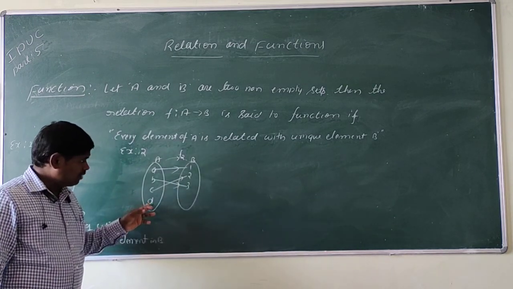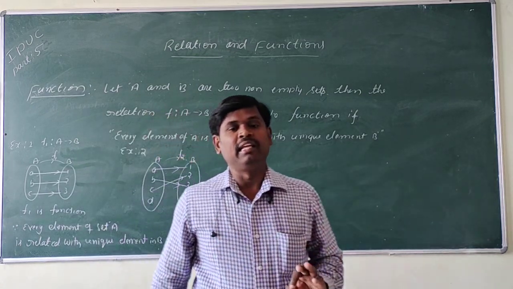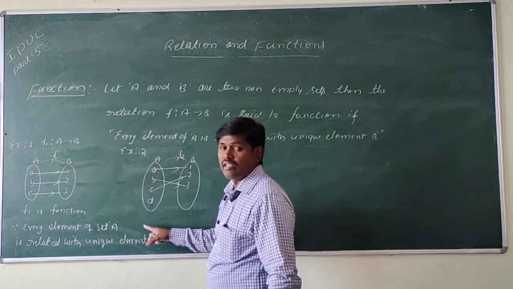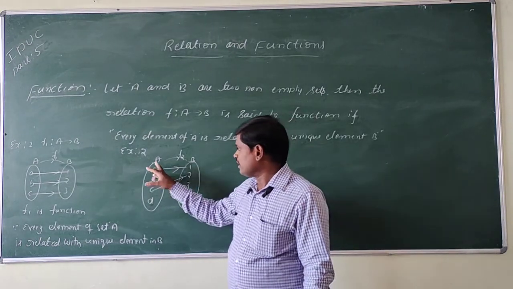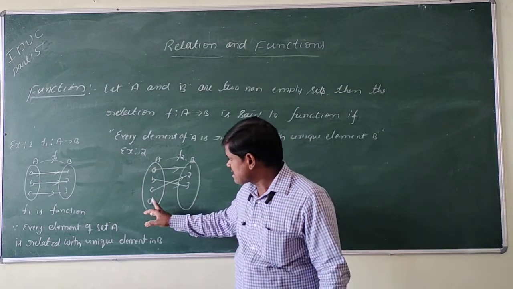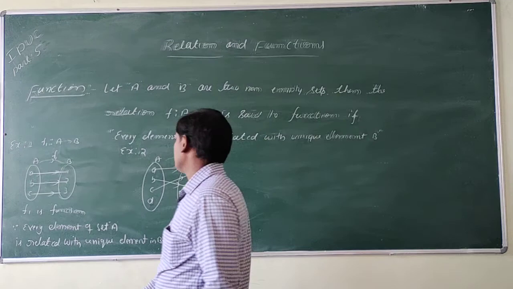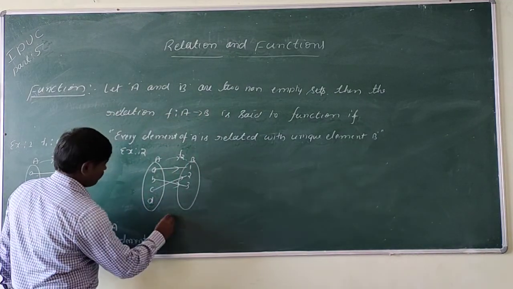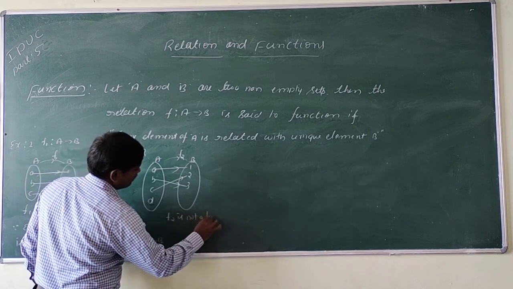What does the definition of function mean? Every element of A is related with a unique element of B. But in the set A, D is also one of the elements, and it is not related with any element of B. Therefore F2 is not a function.